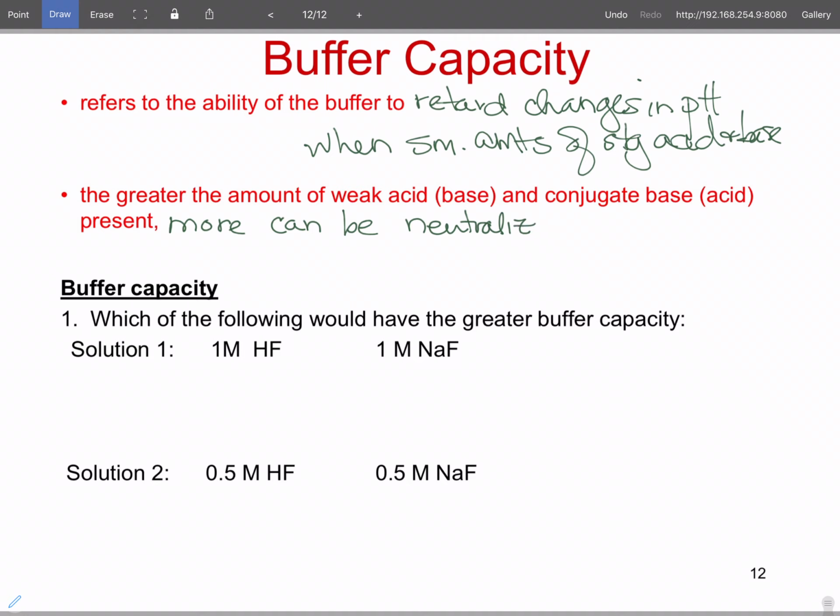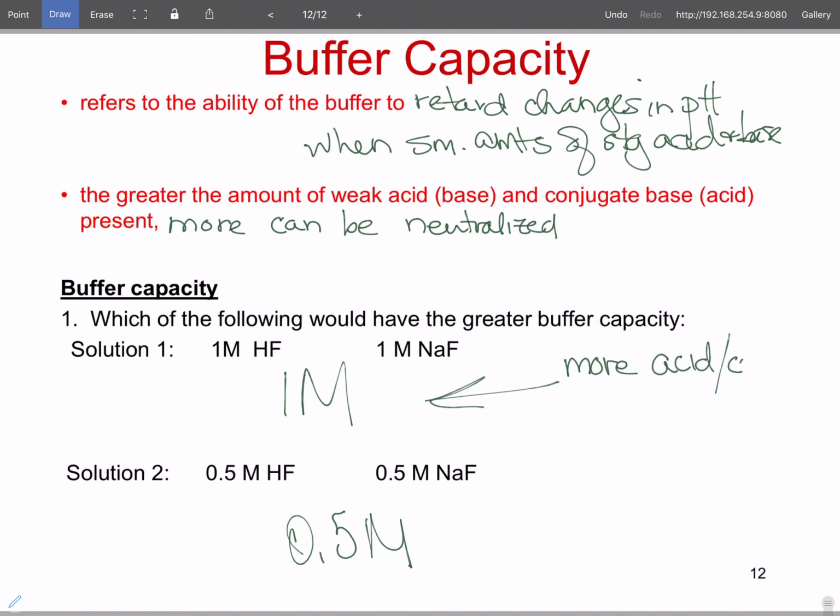We did this previously, but if we look at solution 1 and solution 2, this one's 1 molar and this one's 0.5 molar. So basically, this one has more acid and conjugate base. This one has less.